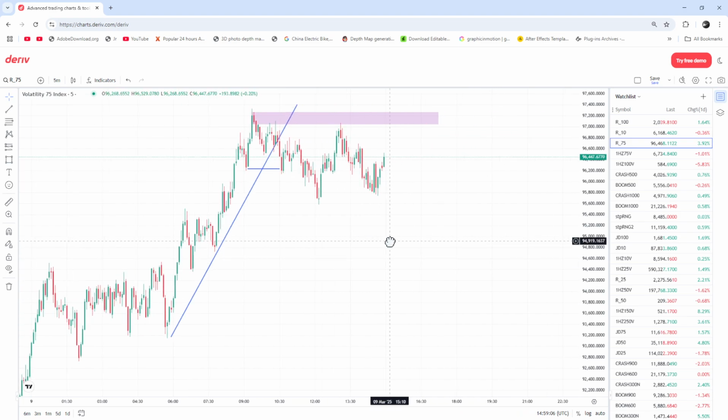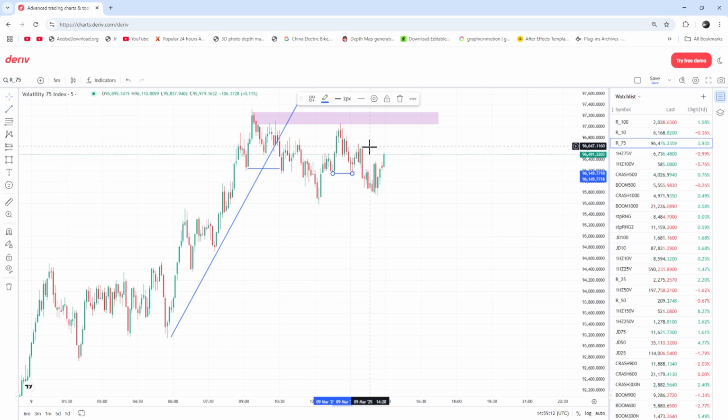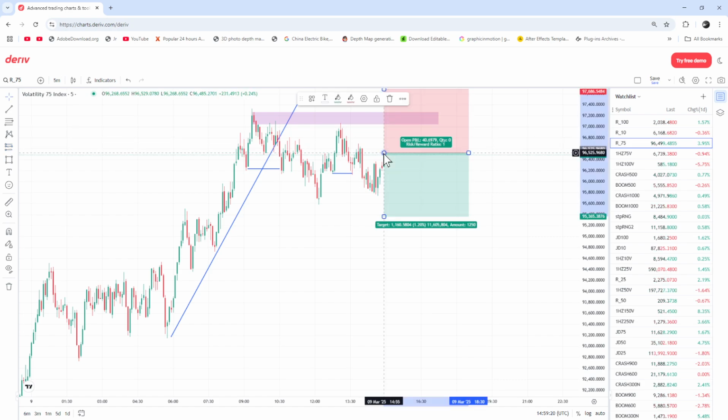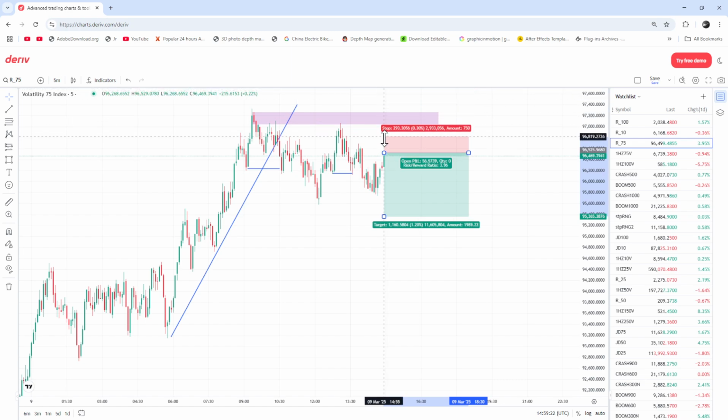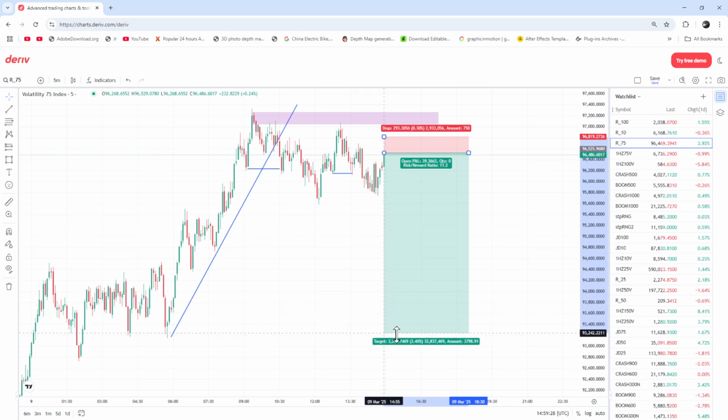So if you want to catch this level, you can see we have a tiny breakout here, and what caused this breakout was this level. So if someone wants to get into this market, the best way would be here. But if you want to get in right now, you can put your stop loss somewhere around there, and you'll be targeting somewhere around here or here.